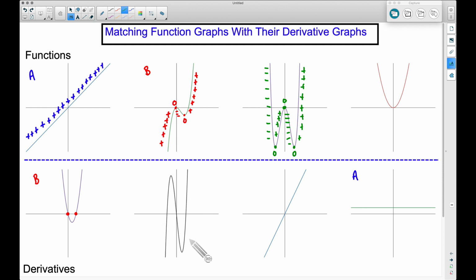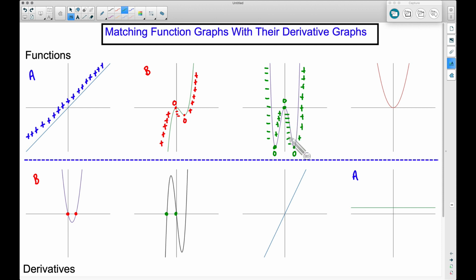Check this graph out right here. Notice up until that point right there, which corresponds to this spot right here, all of these negative signs mean the function's decreasing. These negative signs mean that we want our derivative to be negative, therefore below the x-axis. Then it starts to increase, so we want to be above the x-axis. And then when we hit this spot right here at the origin, notice we do have another x-intercept on our derivative.